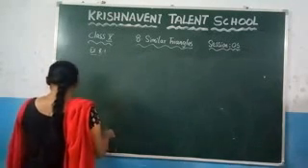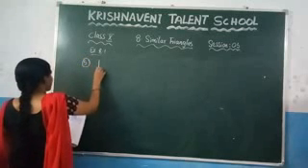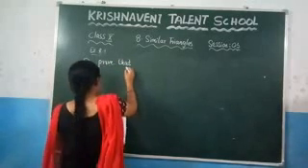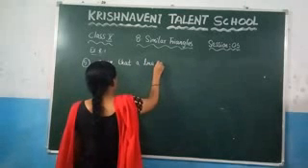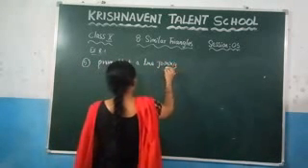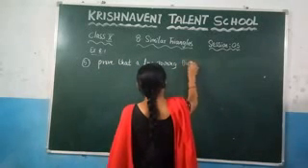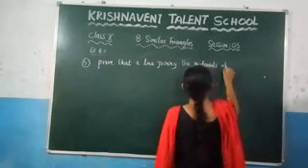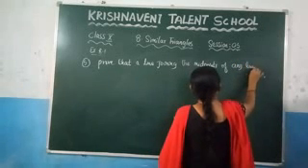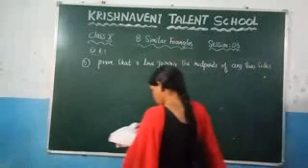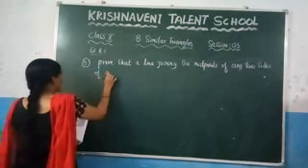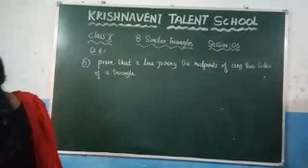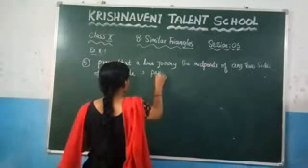See the fifth question. Here what they have given. Prove that a line joining the midpoints of any two sides of a triangle is parallel to the third side.